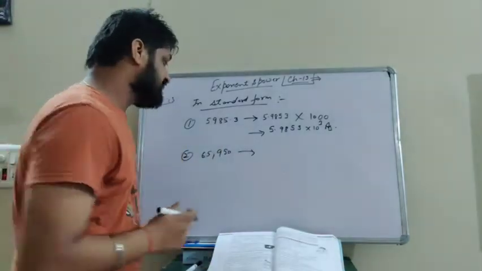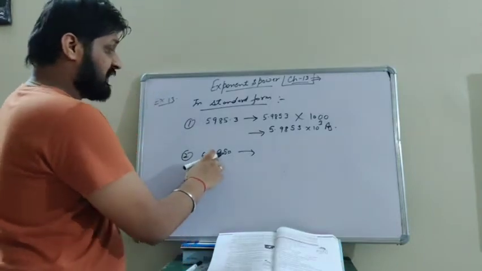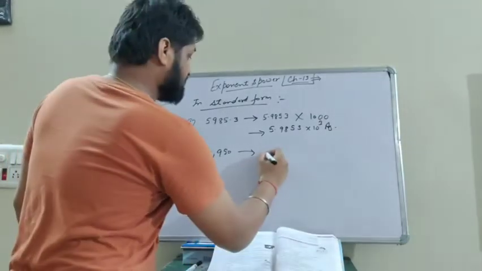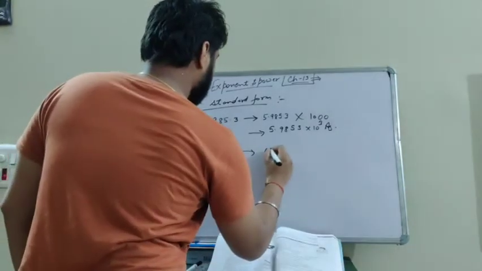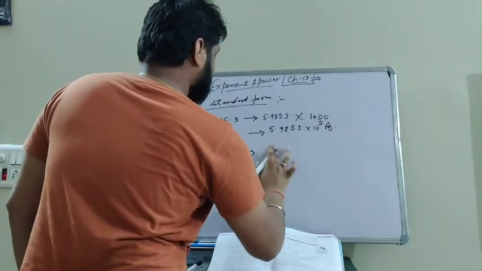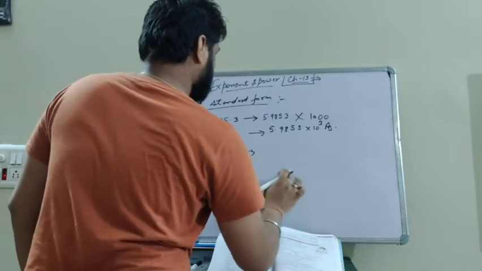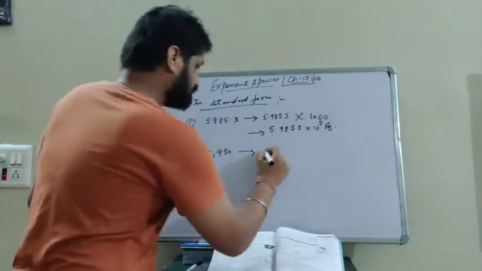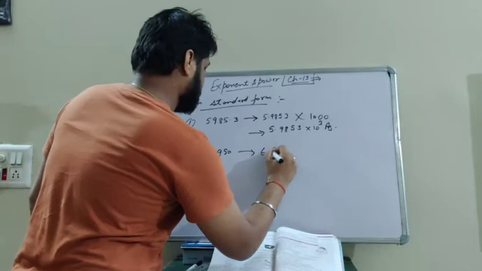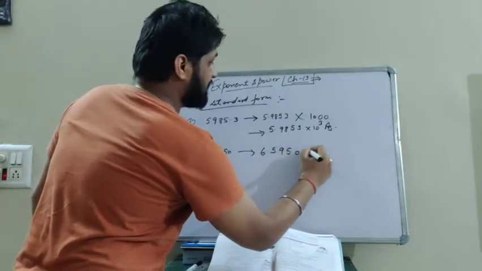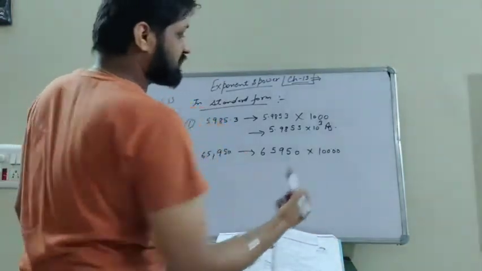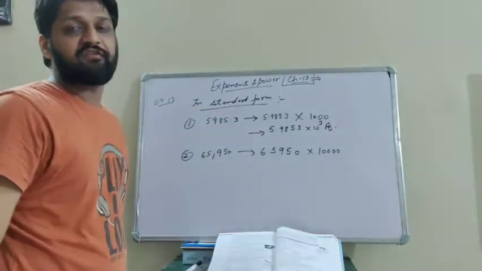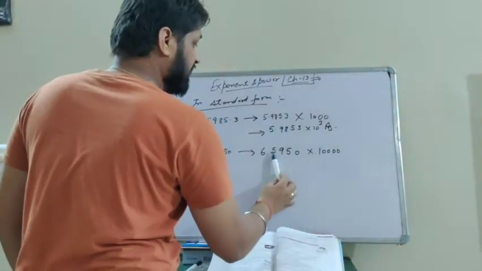So now how can I write 65,950? If you multiply this number by, let's say, 10,000, you can see that 4 zeros are here, so the decimal will shift four places, 1, 2, 3 and 4.